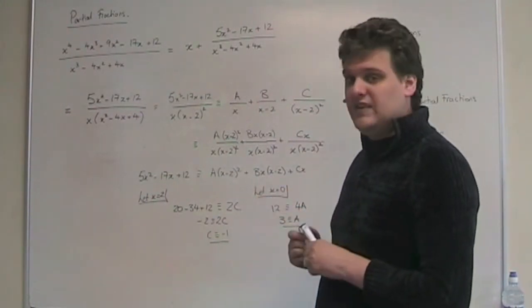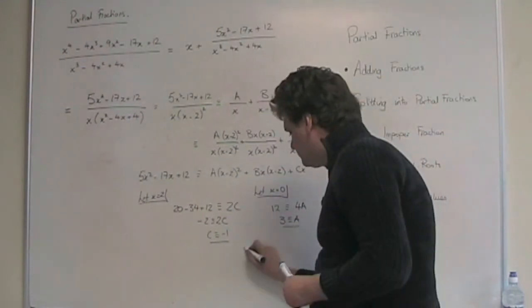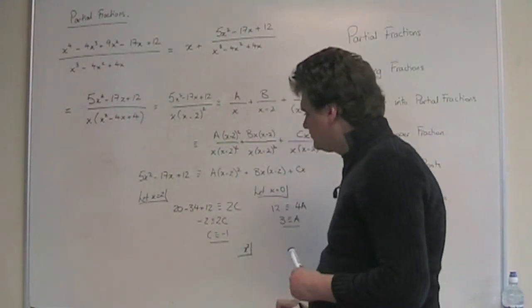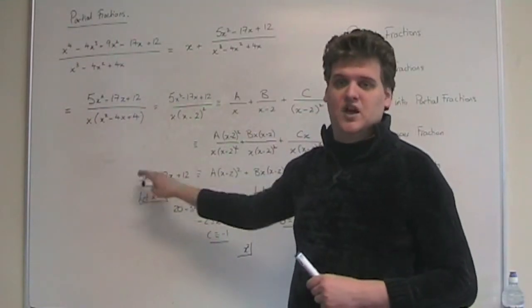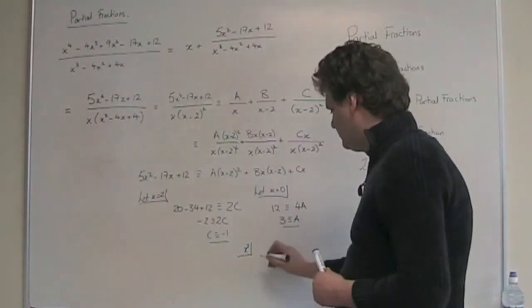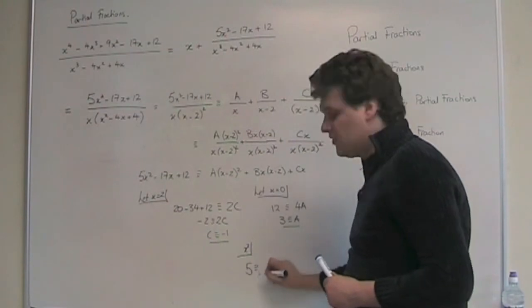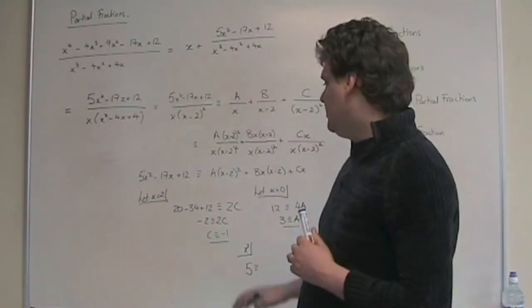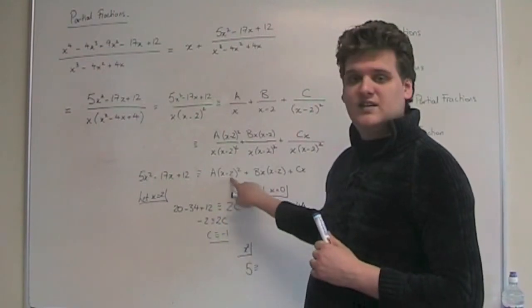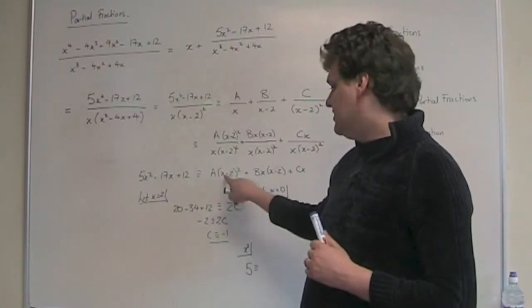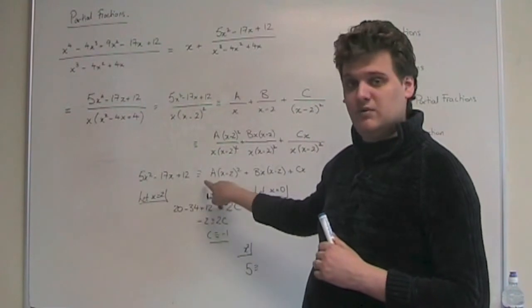So, looking at the x squared terms. On the left hand side, we can clearly see there's 5x squareds and no other x squareds appearing. On the right hand side, however, we have to look at each bracket individually. This x minus 2 squared, when you square it, you're going to get an x squared term, which is going to be multiplied by a.